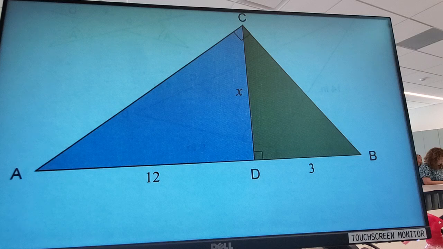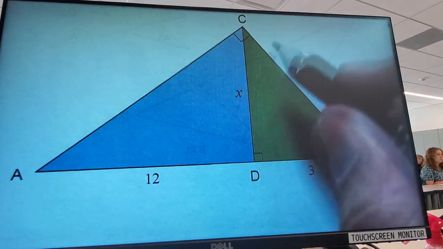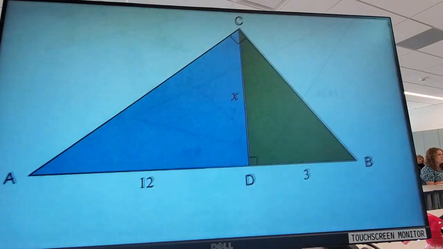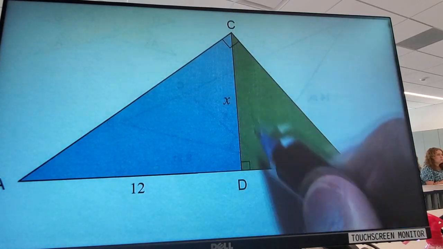Let's look between the green and the blue for a moment. The green and the blue separately. Doesn't the blue have the same side as the green?